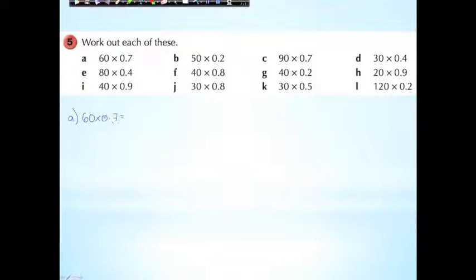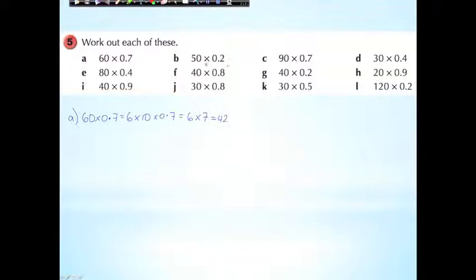Multiplying by decimals is a little bit tricky, but for this first number, 60, I know that's just 6 times 10. Then I multiply that by 0.7, and I know that 10 times 0.7 will give me a whole number. So that's just going to give me 6 times 7, which gives me 42.